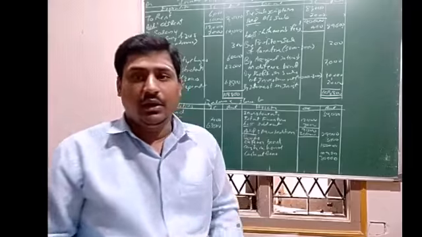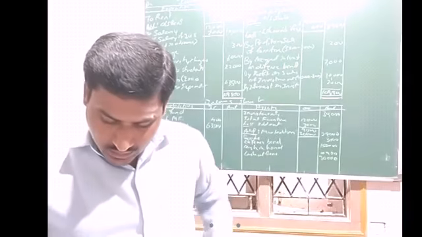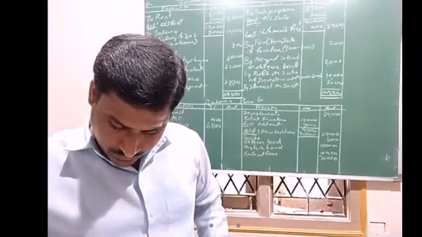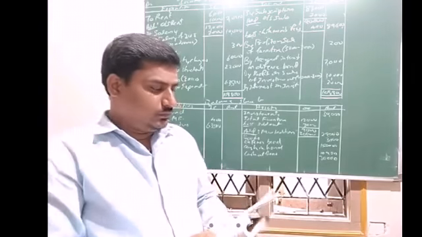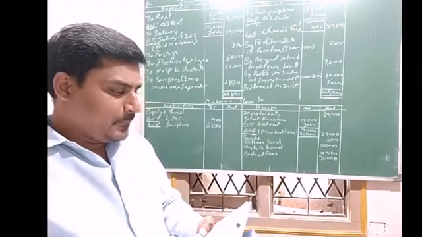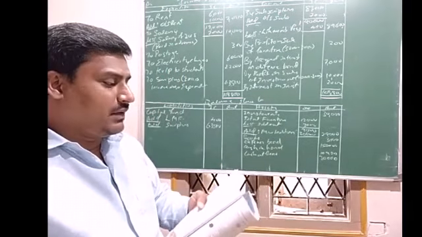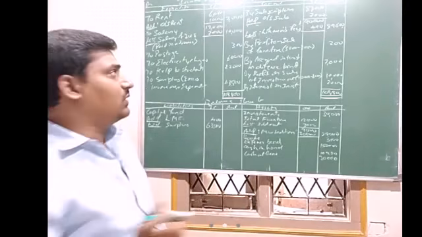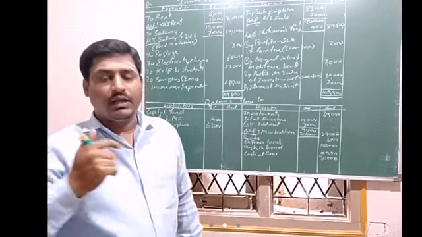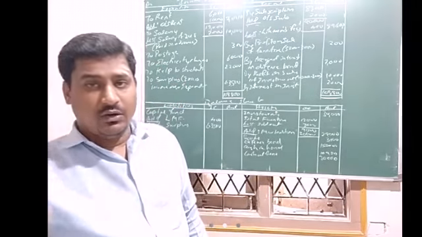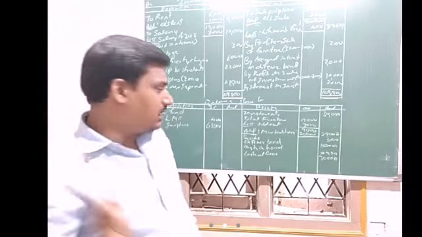Okay, now we'll go to the adjustments. So one by one I will read once again. Subscription for 2017 still owing 7,000. We have to collect the subscription, yet we have not collected it. So this is an asset.